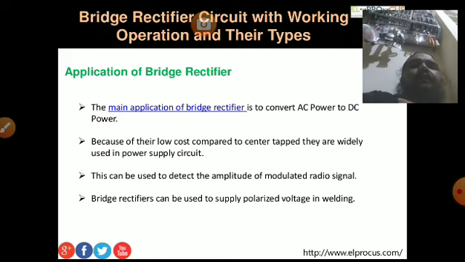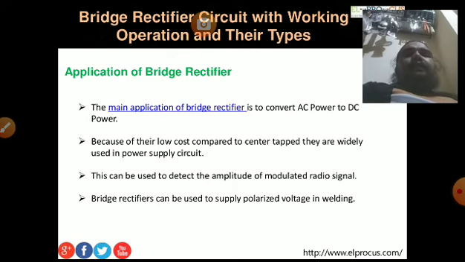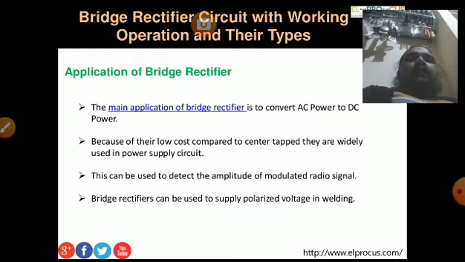Applications of the bridge rectifier. The main application of the bridge rectifier is to convert AC power to DC power.